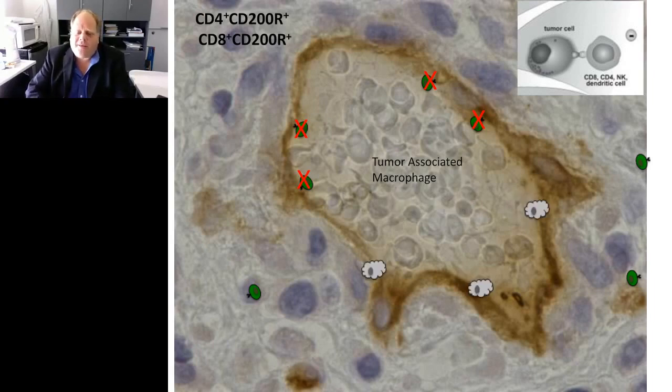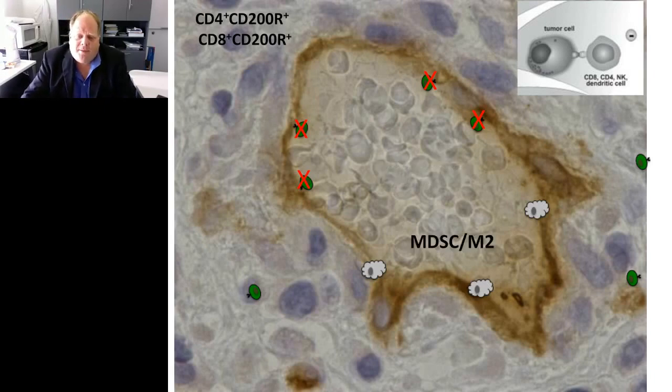We hypothesize that these become MDSCs or M2 cells, and then they infiltrate into the tumor microenvironment. And this is where we're getting the infiltration of the suppressive properties, not by interacting on the tumor itself, because we're showing that the tumor itself virtually has very little CD200.